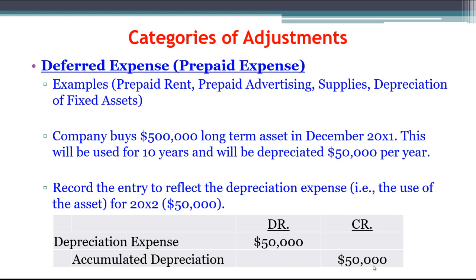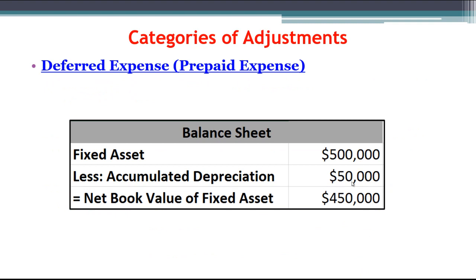But it's important to note here, any contra account, contra asset, for example, has the opposite normal balance of what it's contra to. So by crediting accumulated depreciation, we are increasing accumulated depreciation, which then on the balance sheet serves to be a reduction to the fixed asset.